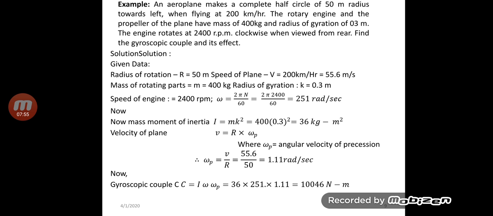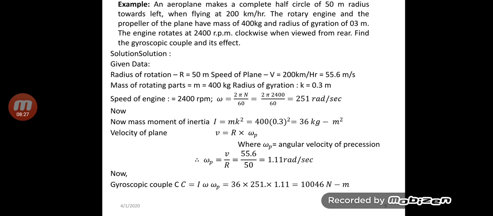Now the mass of rotating parts, the whole rotating parts are considered together as a single disc, that is m equal to 400 kg, and radius of gyration k is 0.3. First of all, we have to calculate the omega by which that disc, that is the engine, is rotating. The engine is rotating at 2400 rpm, hence omega can be calculated as 2 pi n divided by 60.